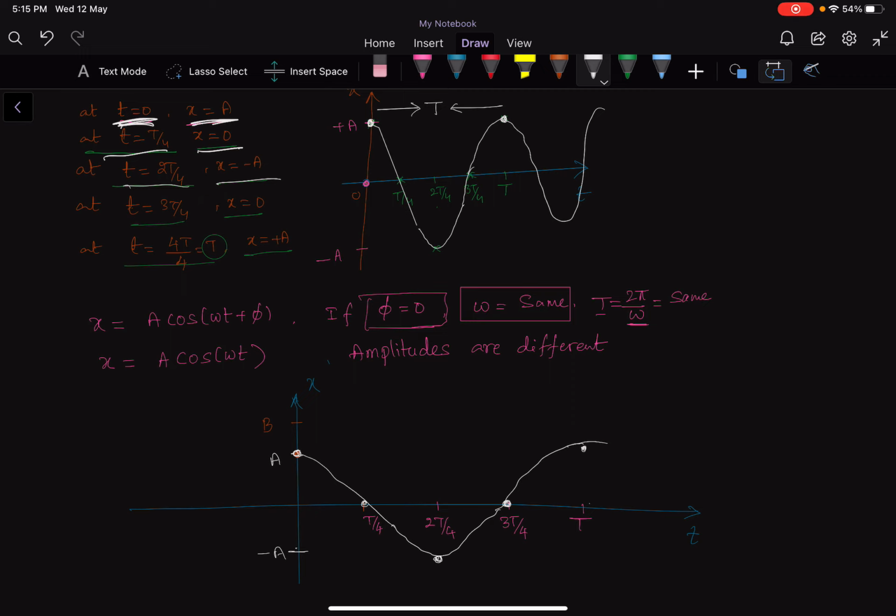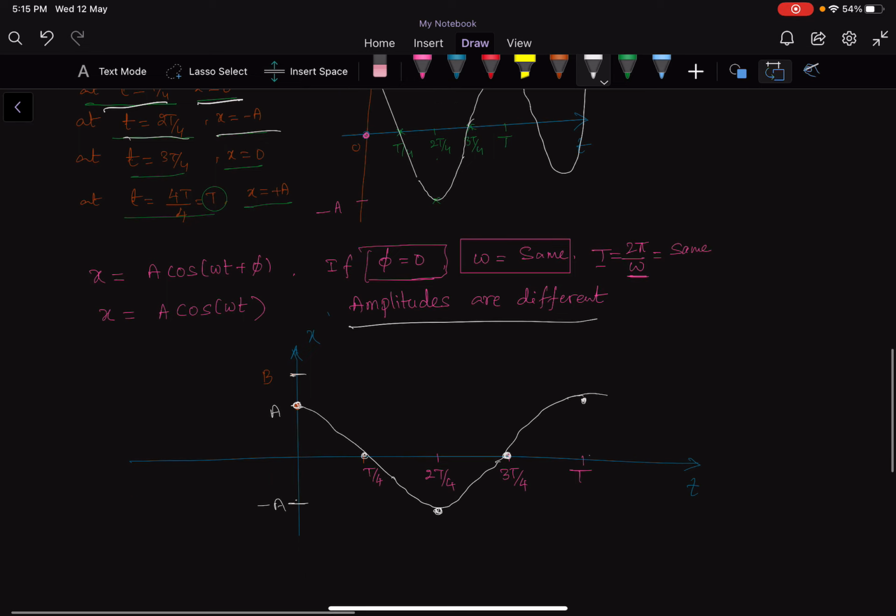Now, for a different amplitude, here the amplitude is B. At t equal to 0, x equal to B. At T by 4, x equal to 0.